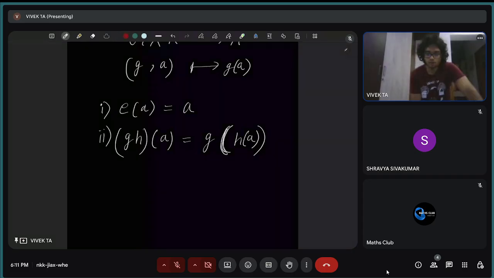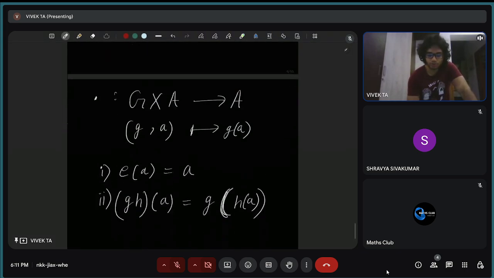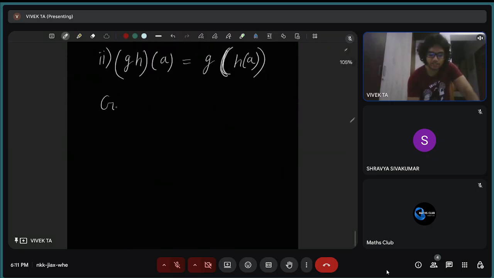So essentially, you might now ask how exactly this relates to a set of, let's say, symmetries. If G acts on a group A, we also denote it like this. This is a fancy notation that many books use.